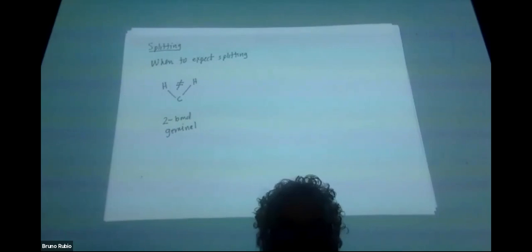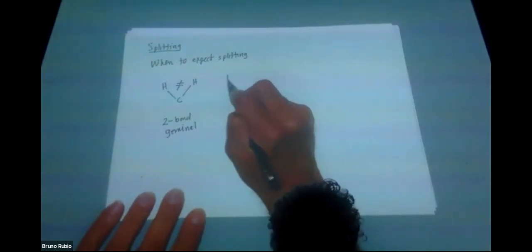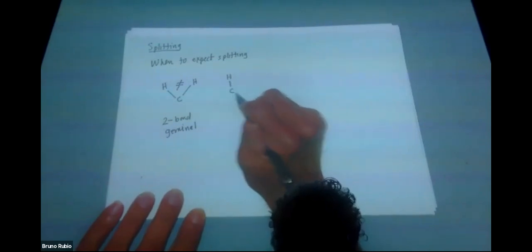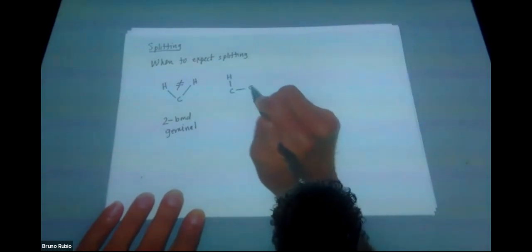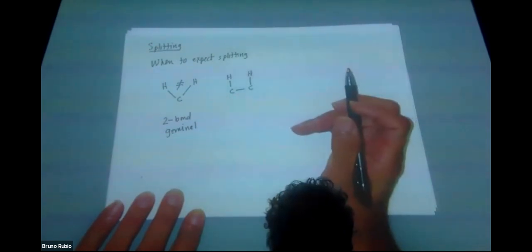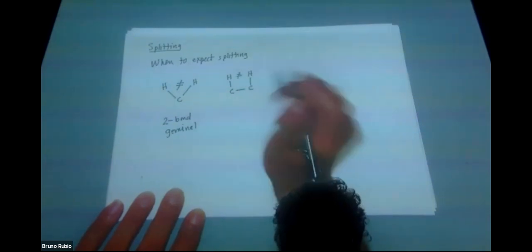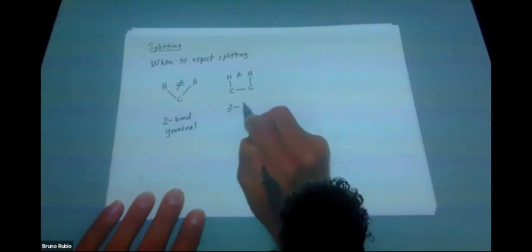That's when we can expect splitting. The other situation in which we can expect splitting is 3-bond or vicinal splitting, where you have a proton that is 3 bonds away from another proton, and all important here, these protons aren't equivalent to each other.